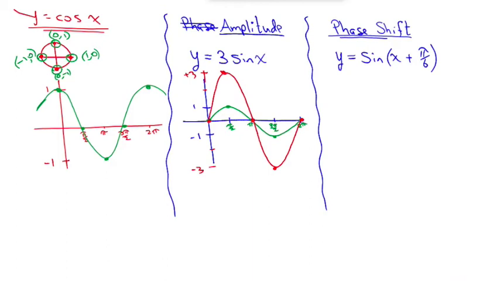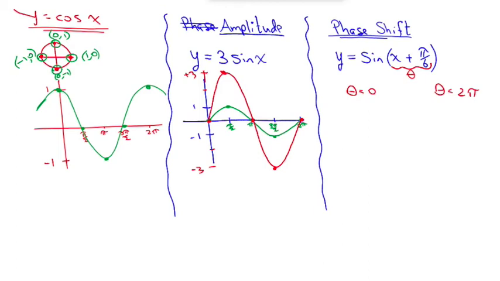And the way to tackle it is to think of this as the angle theta. For a regular sine curve, theta usually goes from 0 to 2 pi. So you let theta equal 0, you let theta equal 2 pi, and you see what happens.